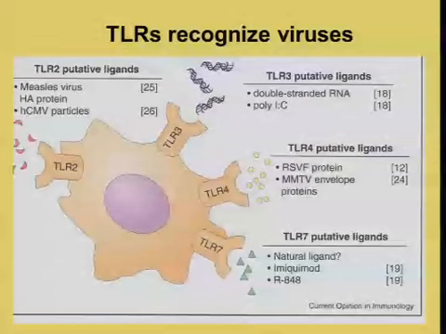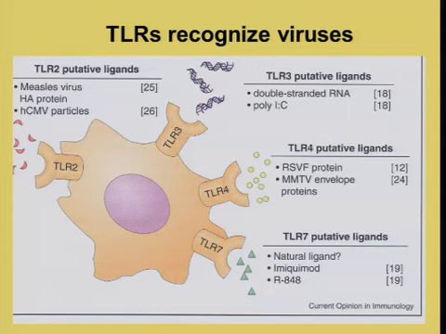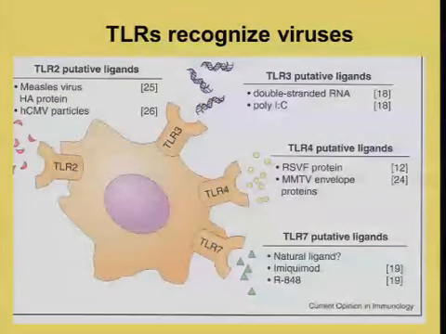For instance, this particular receptor recognizes double-stranded RNA of certain microorganisms. Others recognize other intracellular organisms. So some toll receptors recognize patterns that are derived from extracellular sources, while some recognize patterns that are derived from intracellular sources, for example, viral components.